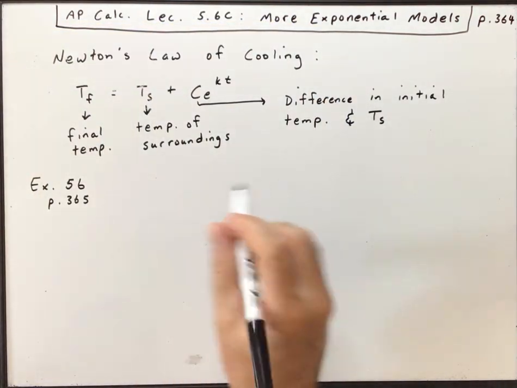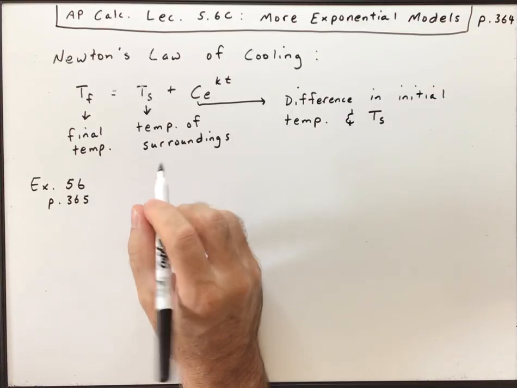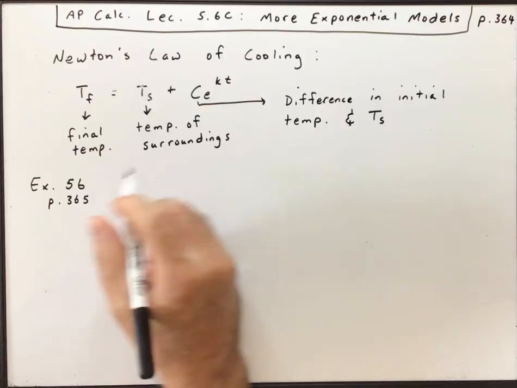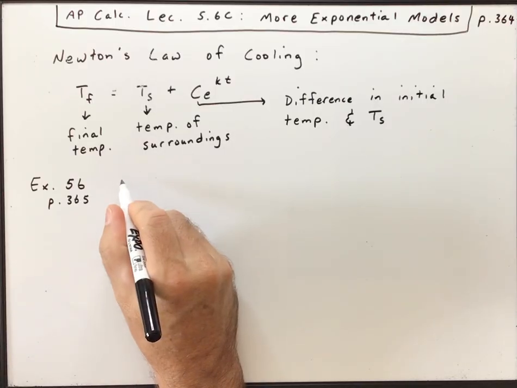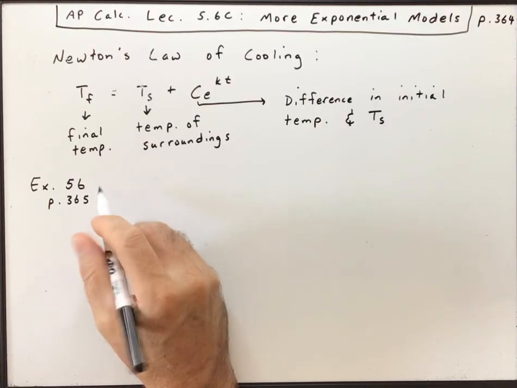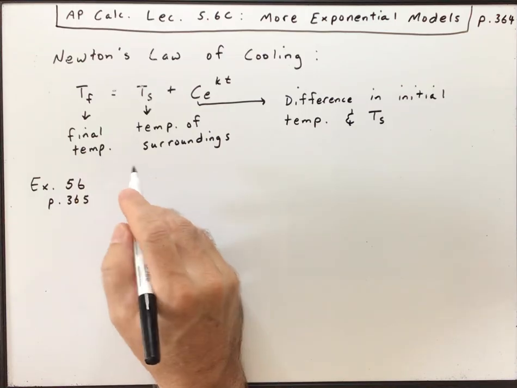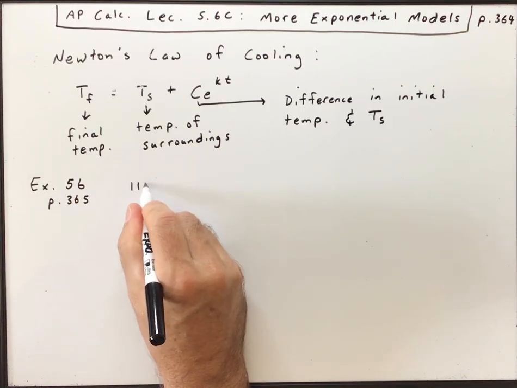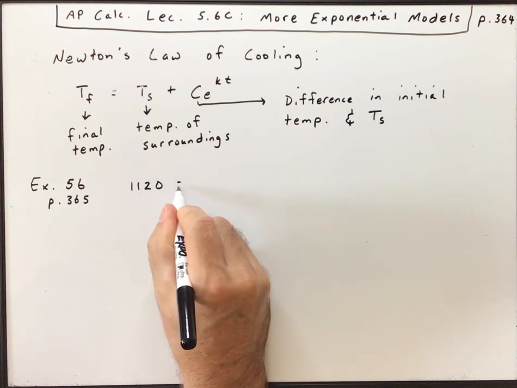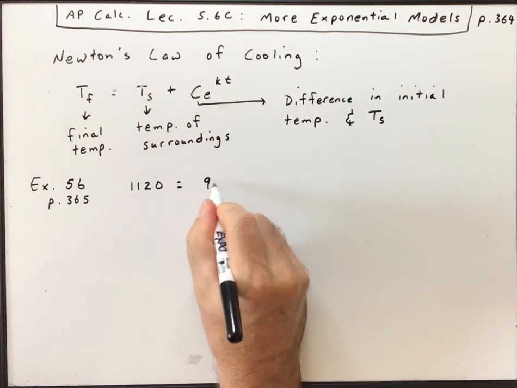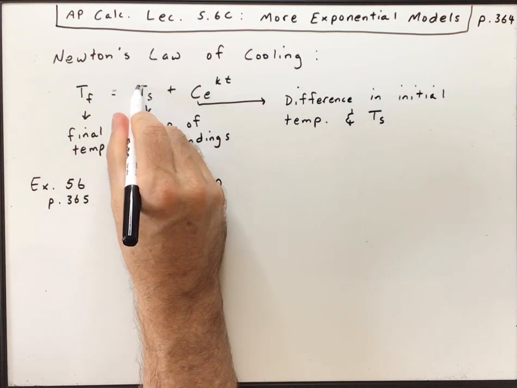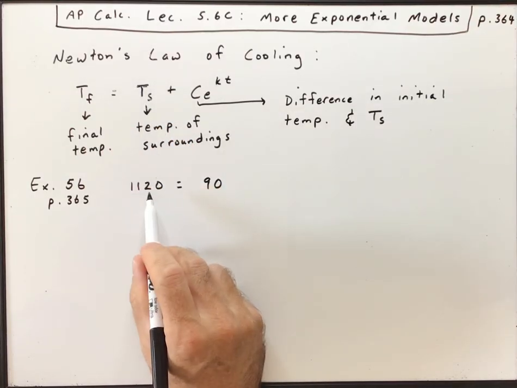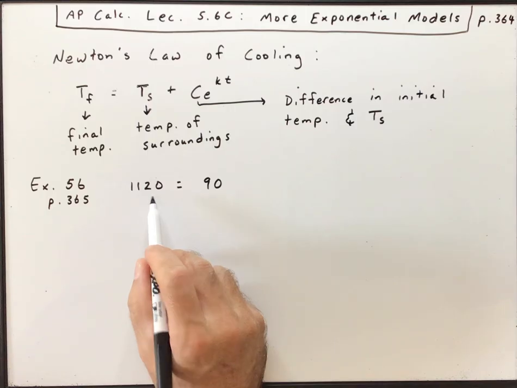All right, so here what we have, our final temperature after 1 hour is 1120 degrees. So we need to get K. So you have 1120. The temperature of the surroundings is 90 degrees. So we're given this initial data that after an hour it cooled down to 1120.